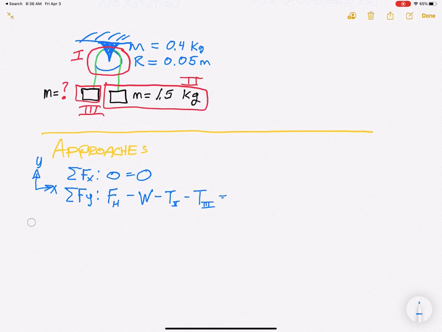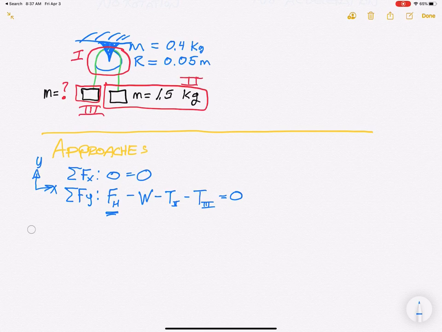And that all has to equal 0. So what we learned from summing forces in the y direction is that the force that is holding the pulley up, this one, has to hold up all the weight: the mass of the pulley and the tensions associated with the relevant masses.